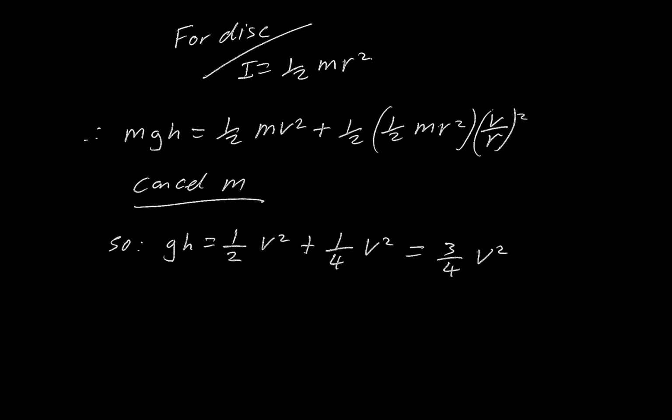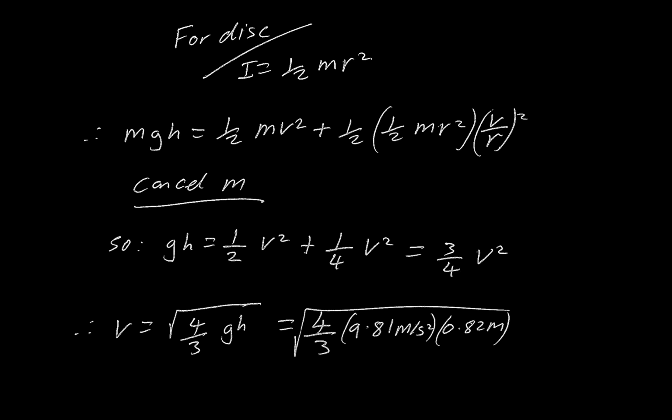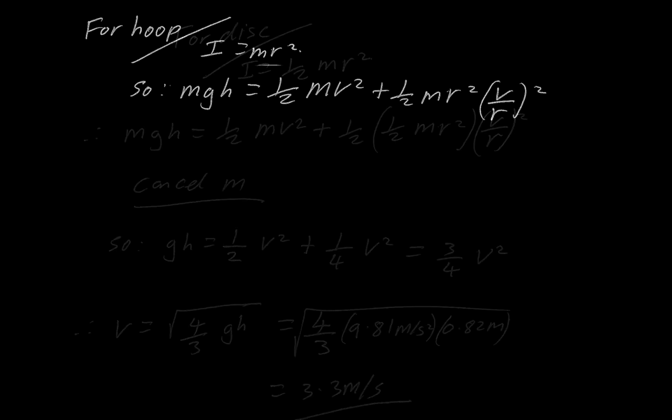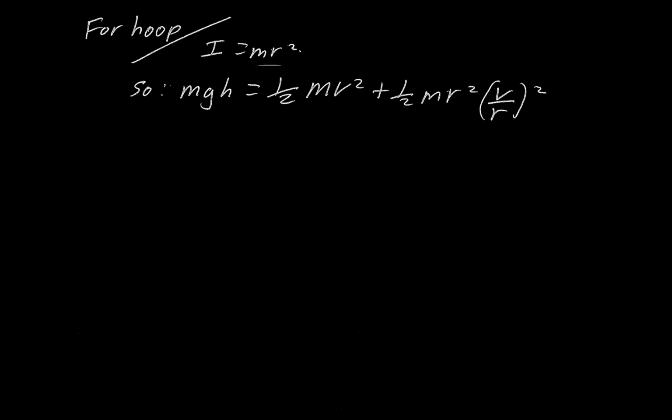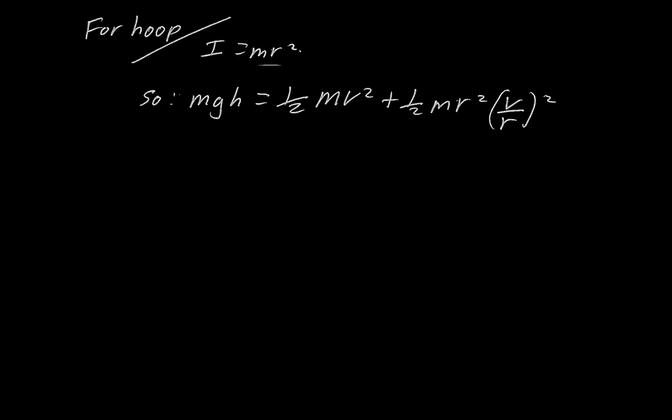We wanted v. Let's not forget what we were trying to do. So v is the square root of 4/3 gh. That's equal to the square root of 4/3 times 9.8 times the height that this was dropped from, which is 0.82 meters. That'll give us 3.3 meters per second. For the hoop, we can use I equals mr squared here. mgh will be 1/2 mv squared plus 1/2 mr squared times (v over r) squared, as we saw for the disc.